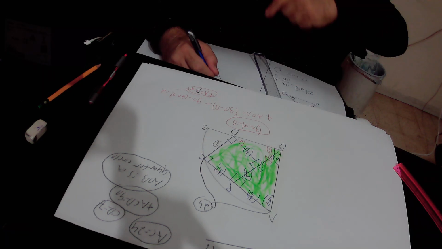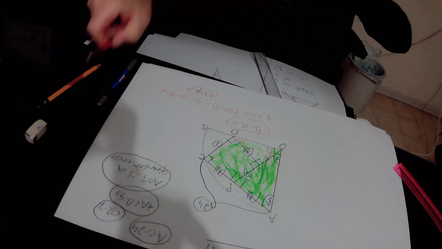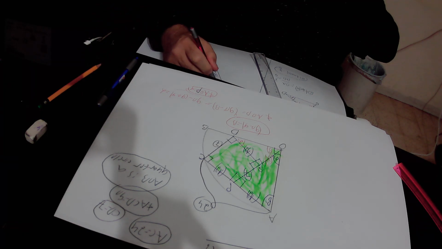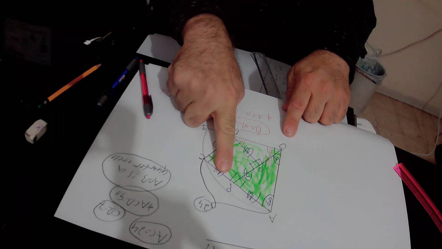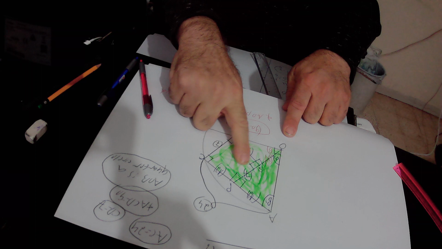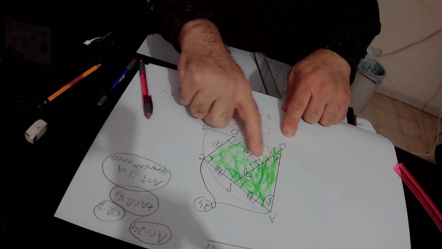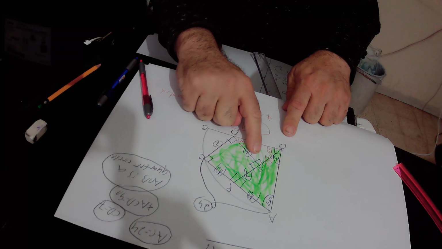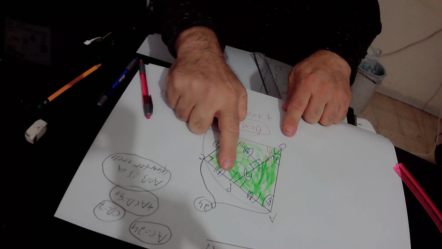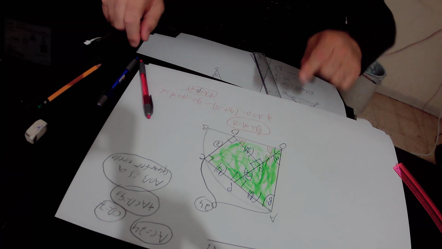AP equals 12 units. What is the value of PO? From the drawing it is easy to see that PO equals PQ plus QO. That is to say PO equals PQ, that is 7, plus QO, that is x. So in total PO equals x plus 7.